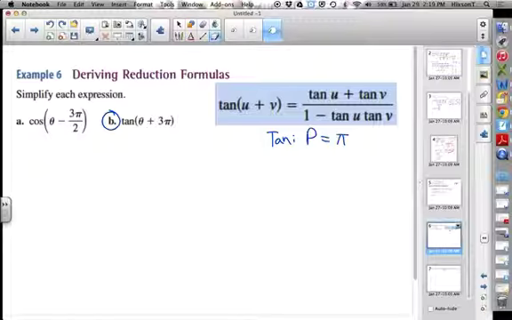So it's pi plus tangent of 3 pi. What's that? Is it 0? Look, it says 5, it says 2, but it says 3. So it's 0.